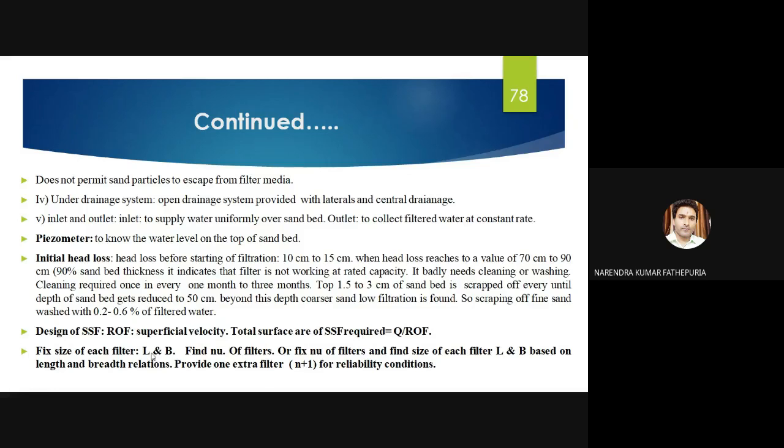Length and width for each filter you have to determine. Find the number of filters or fix the number of filters, and find the size of each filter, length and width, based on the length and width relations, and provide one extra filter for the reliability conditions. Suppose you have fixed 12 filters in the unit, then you have to provide one extra filter for the reliability conditions and for the standby operations.